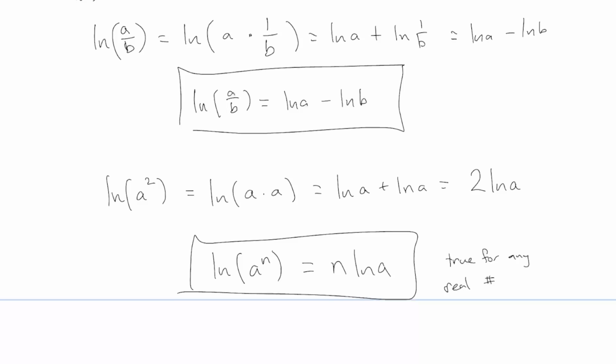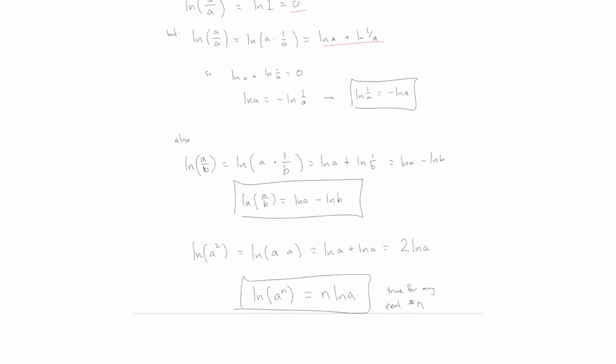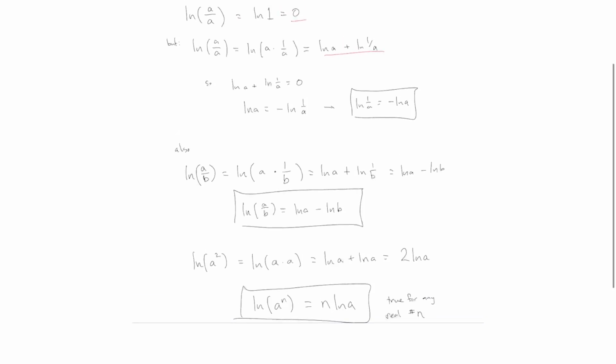It's also true for any positive number a, but any real number n, right? This exponent doesn't just have to be 2 or 3. It could be something like a half, which would be like a square root is a half power, or negative powers, or anything. True for any real number. All right? So these are the important properties of the natural log.